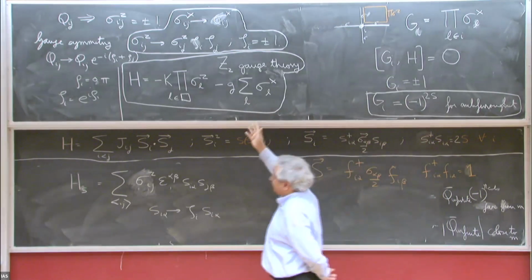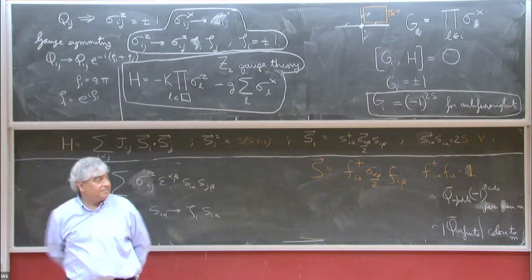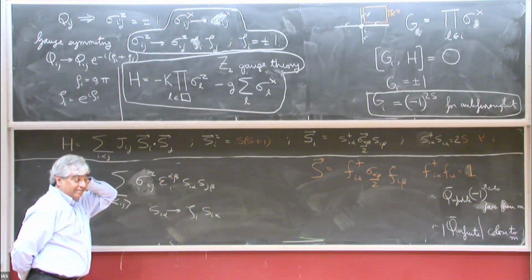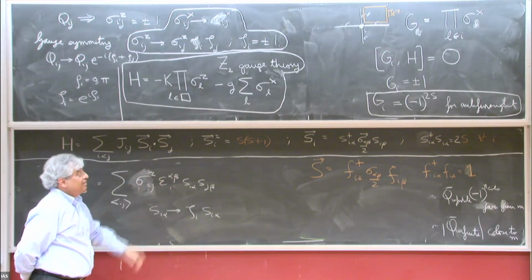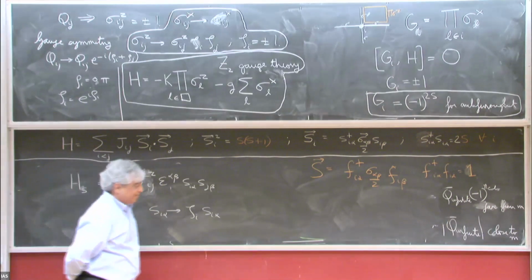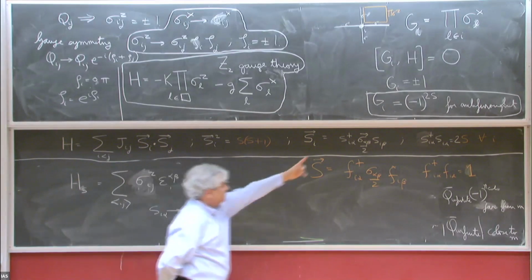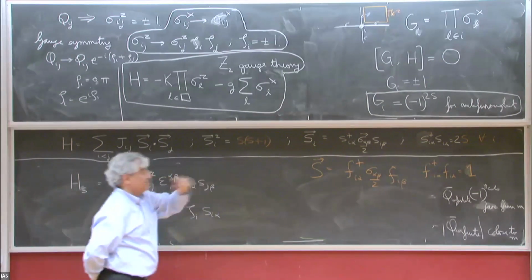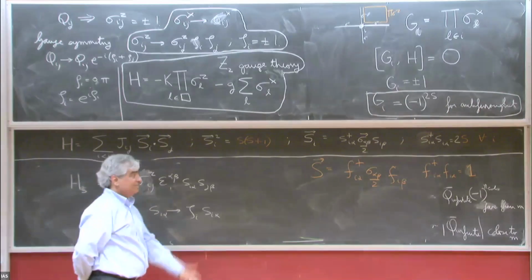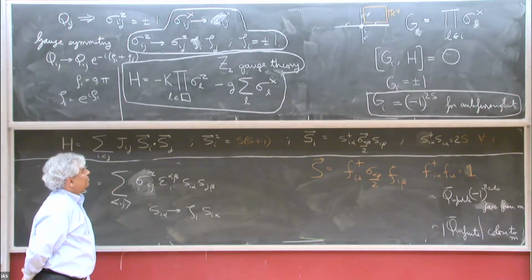I should say this theory was first written down, not exactly in this form, in a space-time form by Wegner. This is Wegner's Ising gauge theory. That was 1975, a long time ago. He didn't have this anomalous gauge charge in the background. This was the original model for confinement in QCD. That was his motivation.